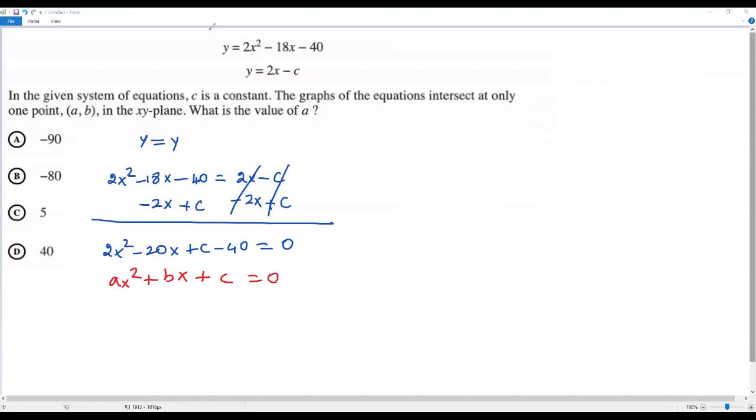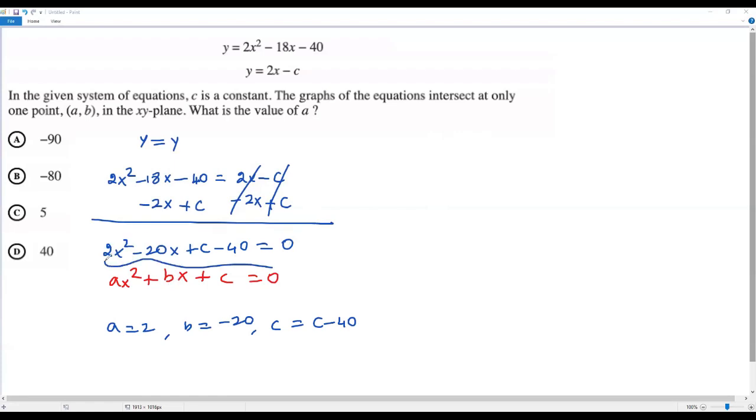When I do this comparison, I get a equals 2, the coefficient of x squared, and b equals the coefficient of x, that is negative 20, and the constant term is c minus 40. Now, if I find the value of the discriminant b squared minus 4ac, it has to be equal to 0.